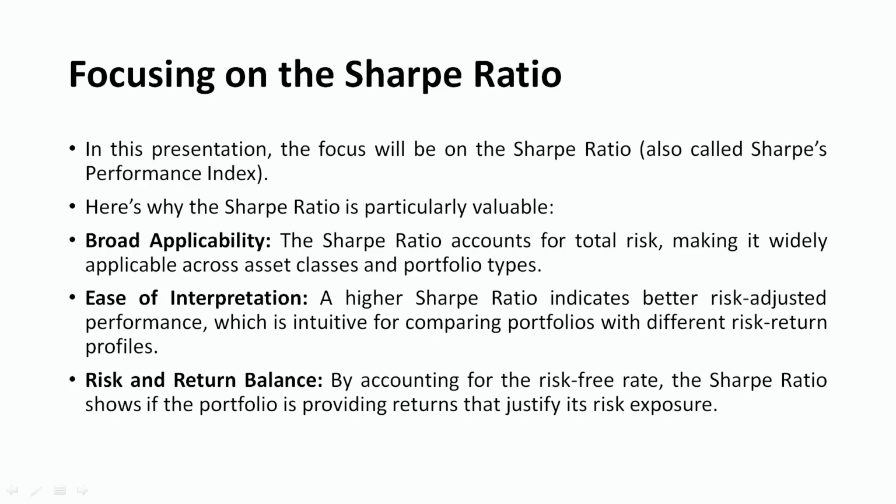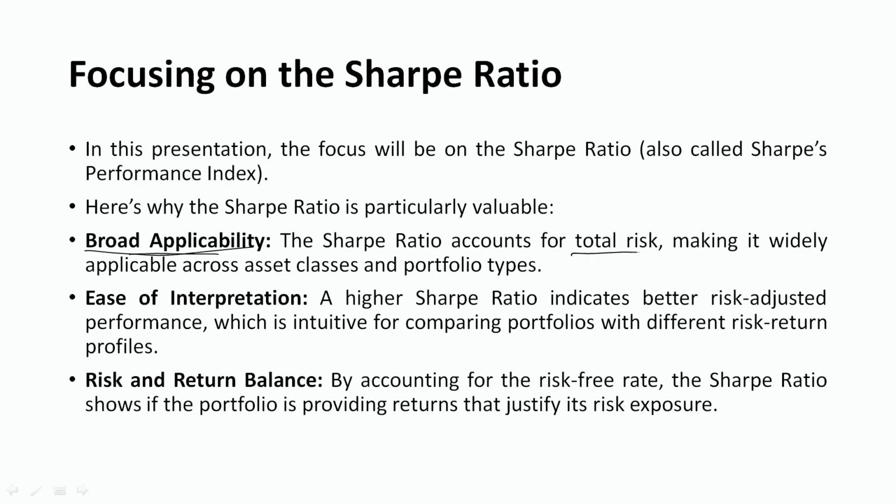Now, what is its application as far as the Sharpe performance index is concerned? Henceforth we will call the Sharpe performance indicator the Sharpe ratio. The Sharpe ratio is important for its broad applicability. What do you mean by broad applicability?